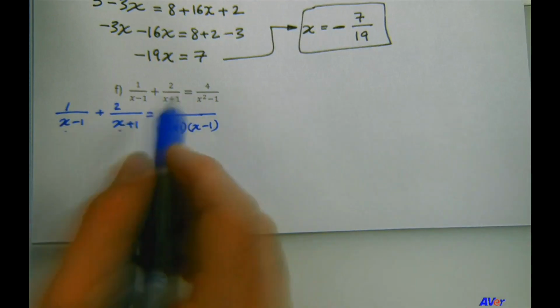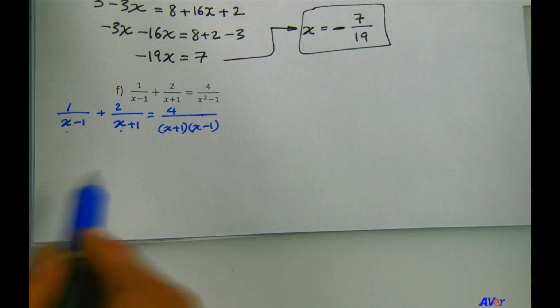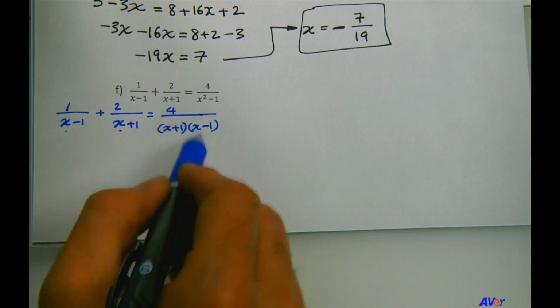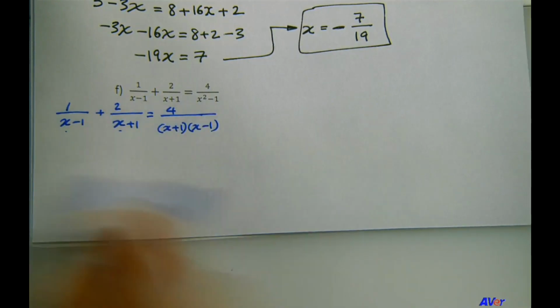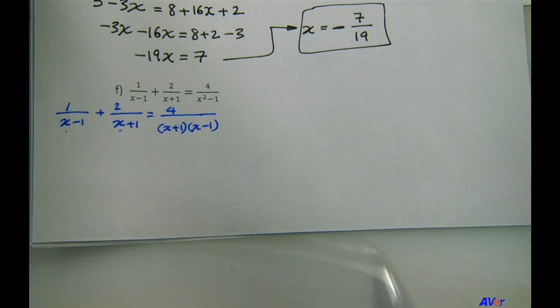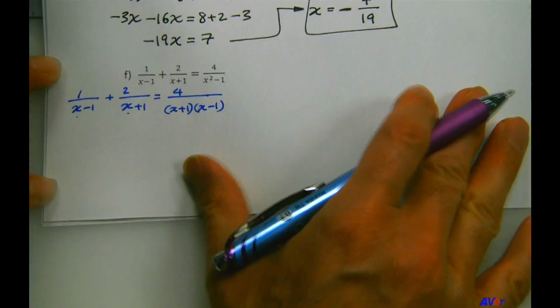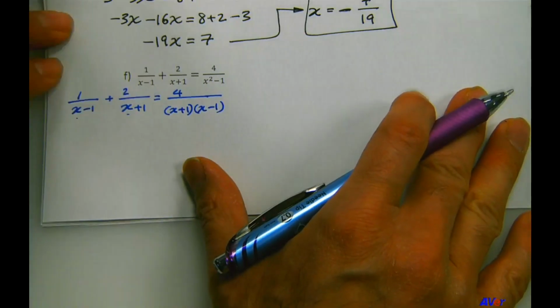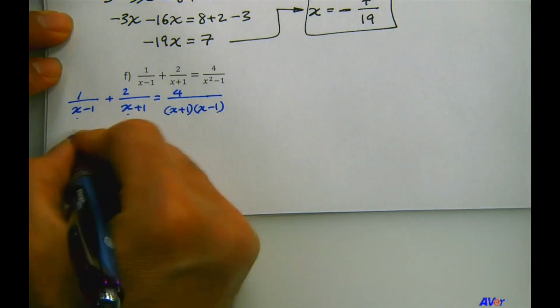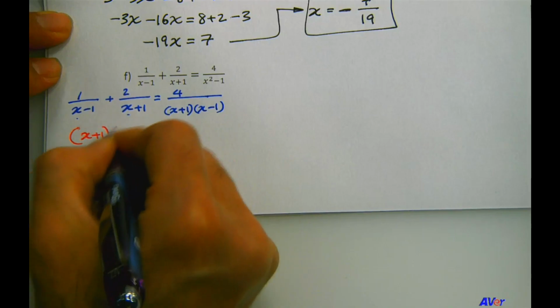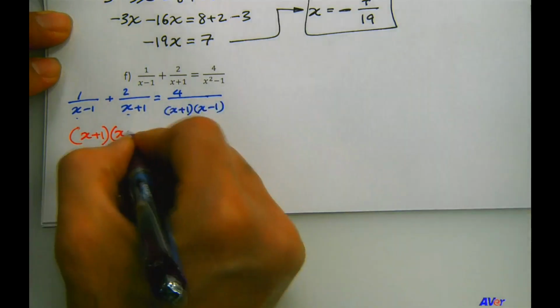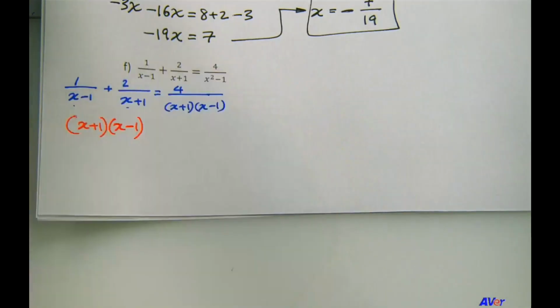Great. So if we multiply both sides by x plus 1 times x minus 1, we'll be able to get rid of all fractions, all three fractions at once. So let's do that. So we have x plus 1. I hope I'll have enough space here to put all the solution. I'll try to fit the solution here.